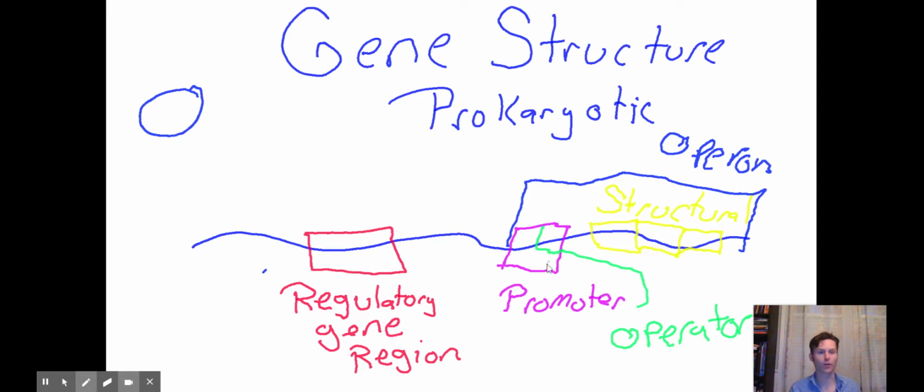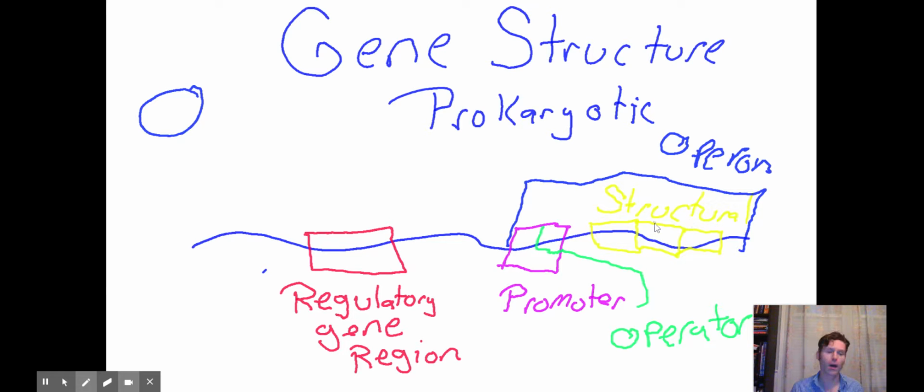Right? And so if this was the cheeseburger gene, one of these genes might be the bun gene, one of these genes might be the beef patty genes, and one of these genes might be the ketchup gene. Right? And so if I want my cheeseburger, I want to turn on all those genes at the same time. The operon allows for this uniform regulation. Very efficient, very cool stuff.